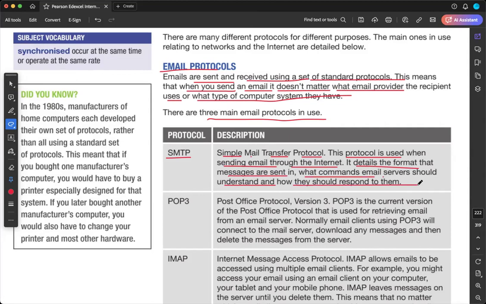So while you send me a message saying, sir, today I'm not able to take the lesson, SMTP is at the back end to take your email and send it to me, and I'm going to respond to you with an email.